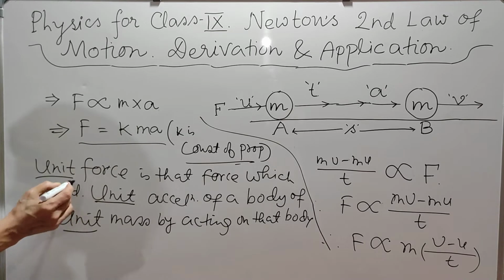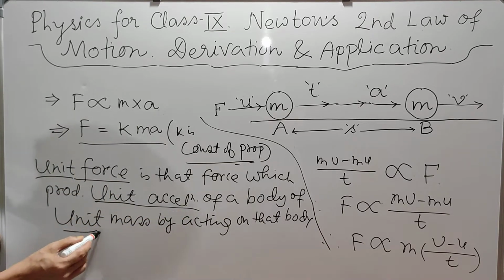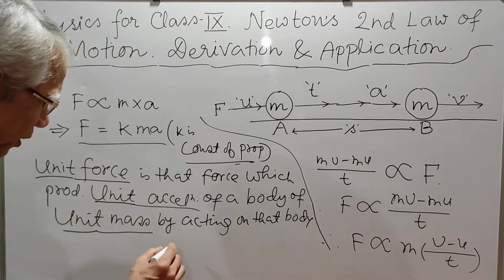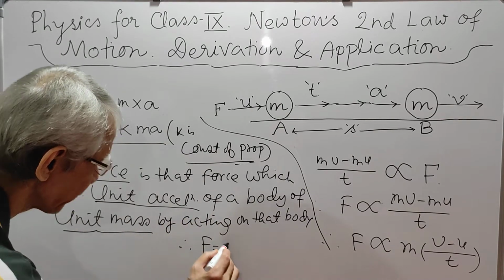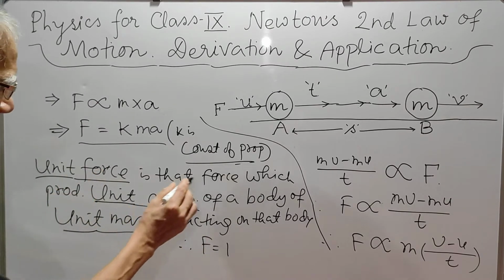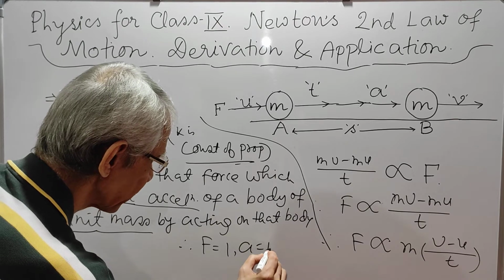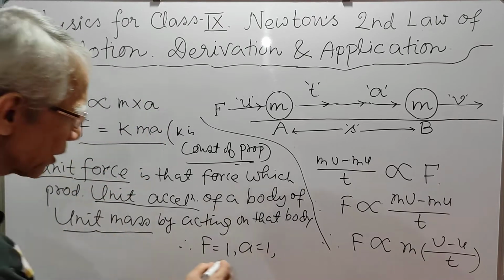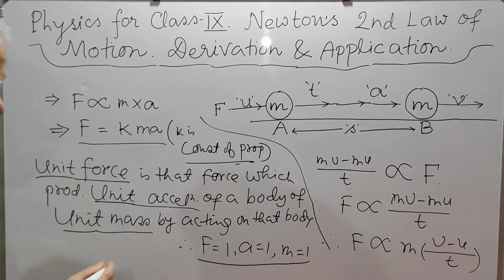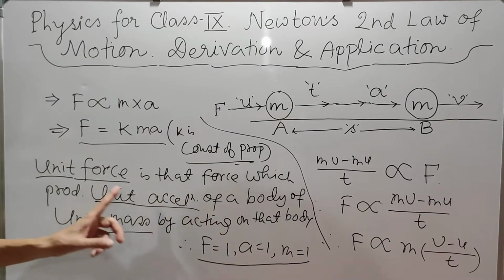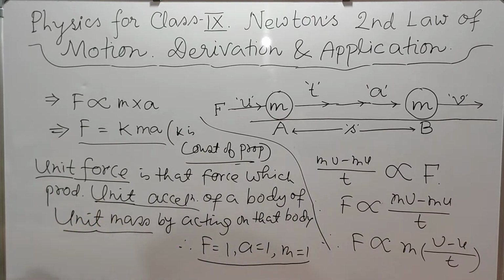So that means unit force F is 1, unit acceleration A is 1, unit mass M is 1. So these three quantities are 1 now: F equal to 1 unit, A equal to 1 unit acceleration, M equal to 1 unit mass.